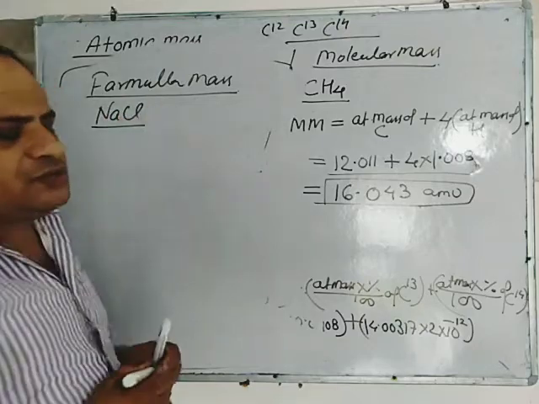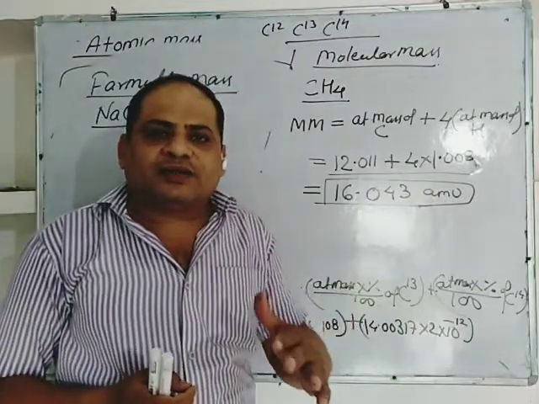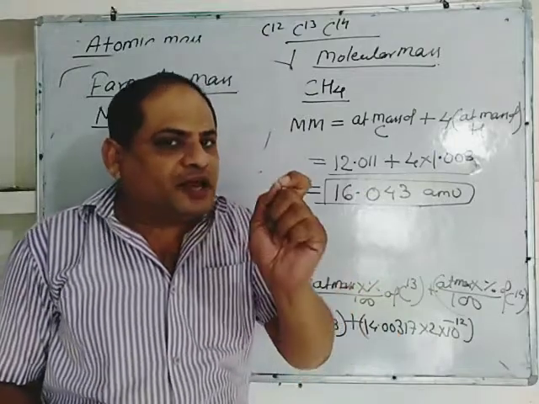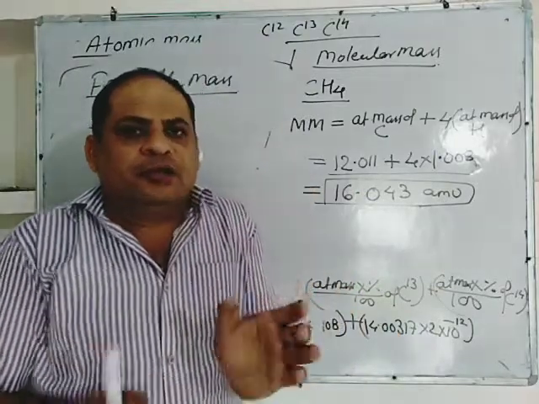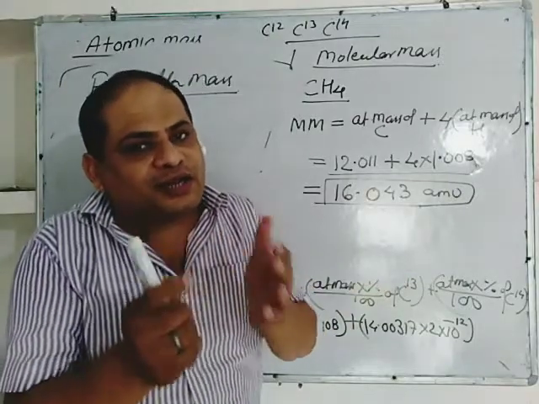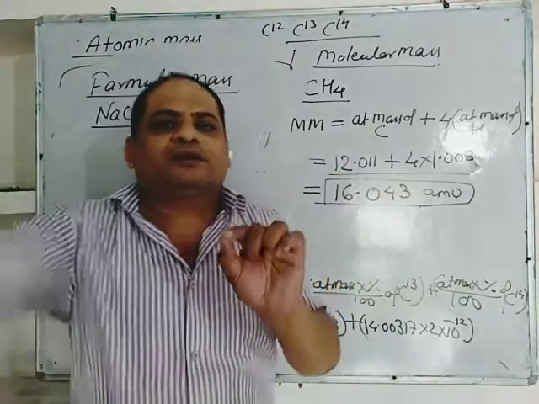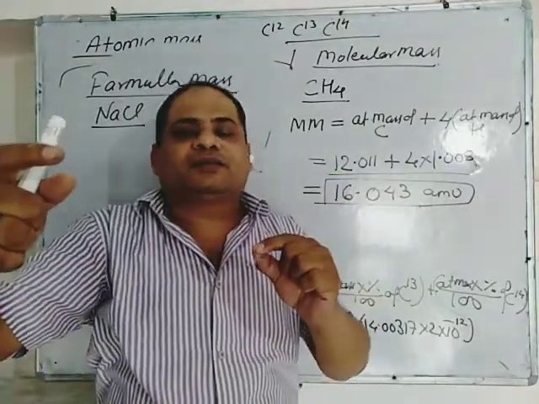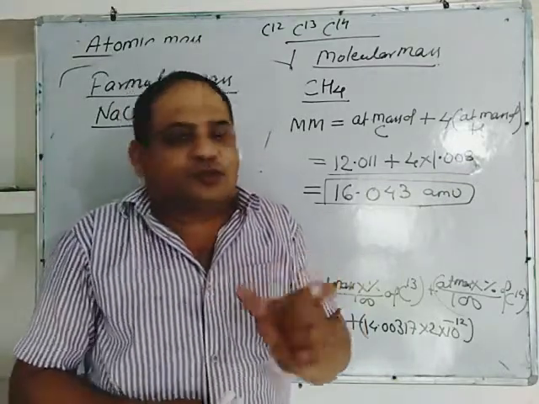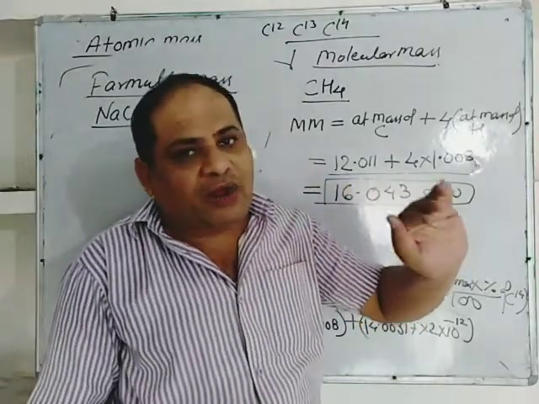This formula mass is used for the ionic compounds because they cannot exist as discrete particles or separate molecules, because in the crystal lattice of NaCl, each Na plus is surrounded by 6 Cl minus, and each Cl minus is surrounded by 6 Na plus. So one NaCl cannot exist as a discrete particle.